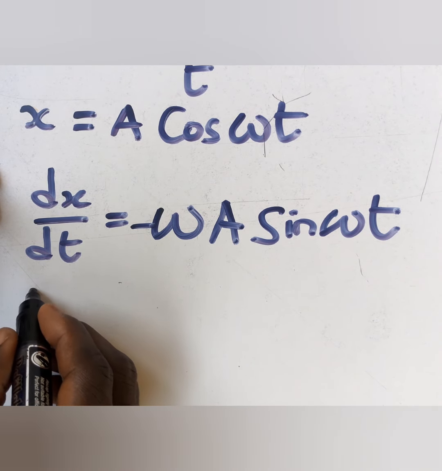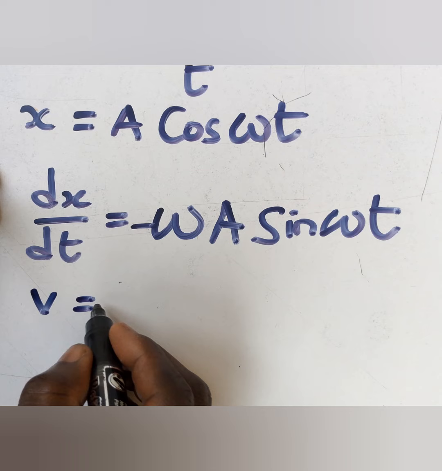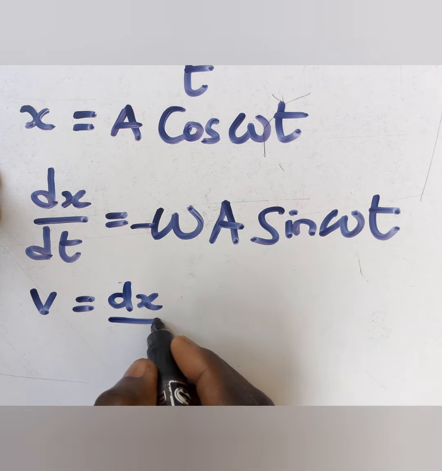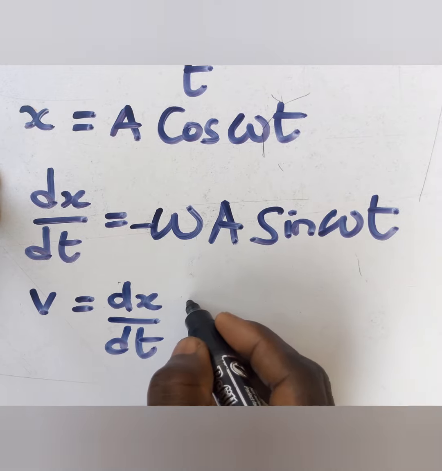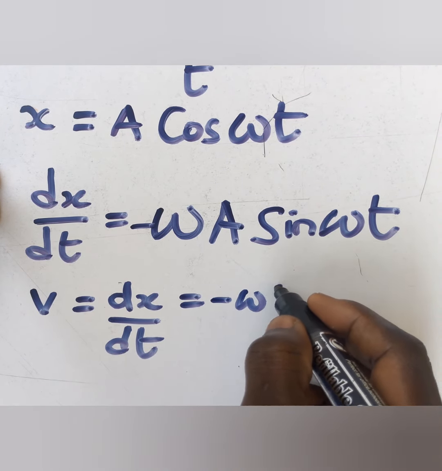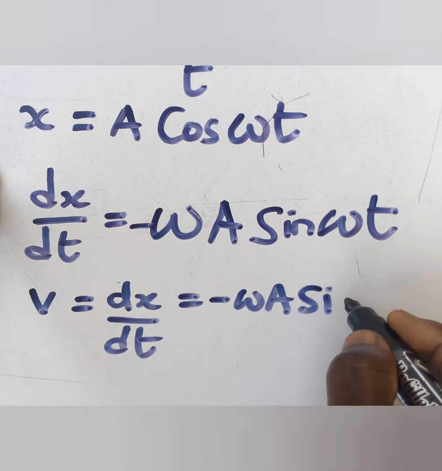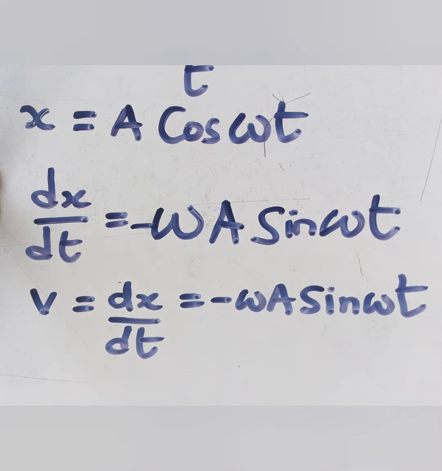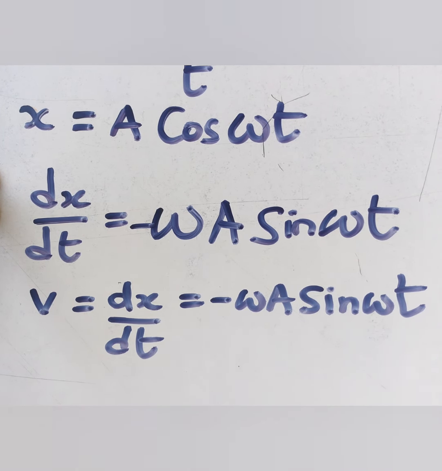So I can write that velocity is equal to dx/dt, which is equal to minus omega a sine omega t. So what we get when we differentiate this displacement with respect to time is the velocity.